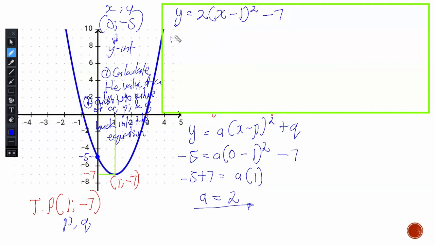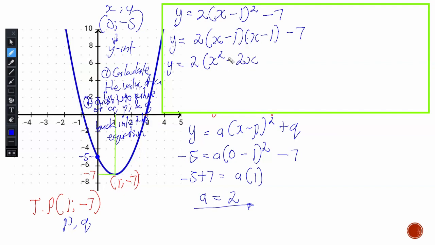Obviously, we can see that we need to expand this because of the square here. So this is 2(x minus 1)(x minus 1), and then minus 7. What you are supposed to do here is FOIL inside here. So x times x is x squared, and then x times negative 1 is negative x, and also this one is negative x.